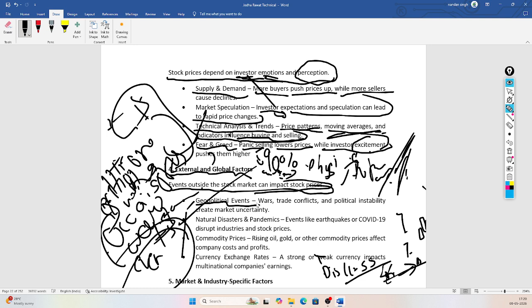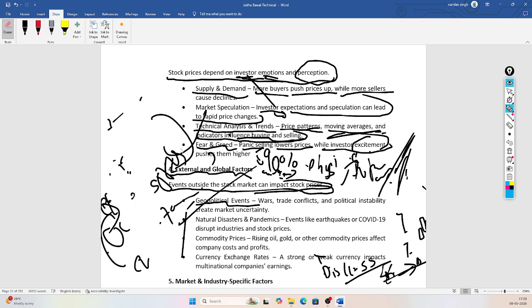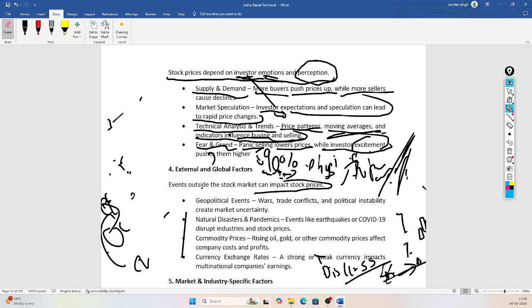Geopolitical events. Now how many points are there to learn? 1, 2, 3, 4.